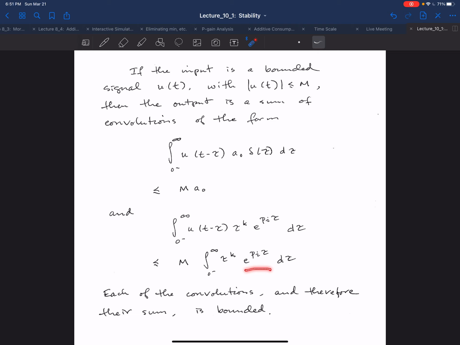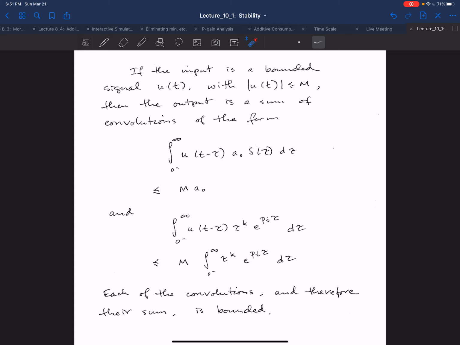But if, again, the real part of p_i is negative, this contains a real factor that is a decaying exponential, possibly multiplied by a sinusoid. By virtue of the fact that we have this decaying real exponential, this integral will converge. So that means that this convolution is also a bounded function. This integral is just going to give us a constant.